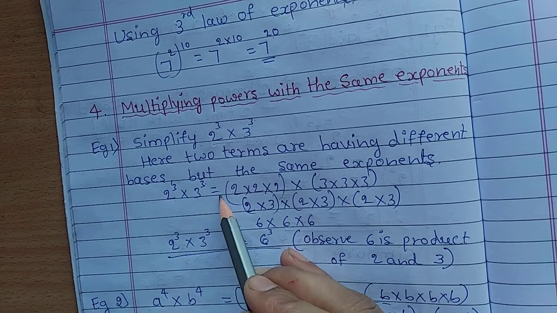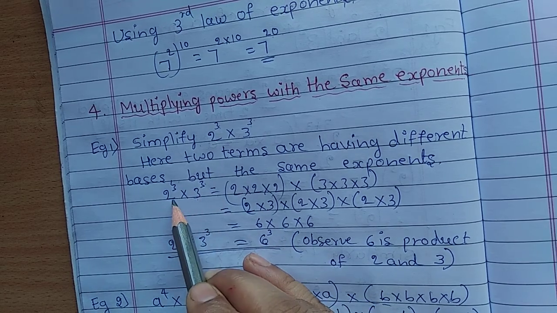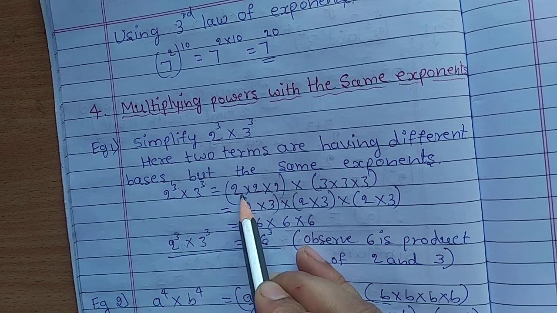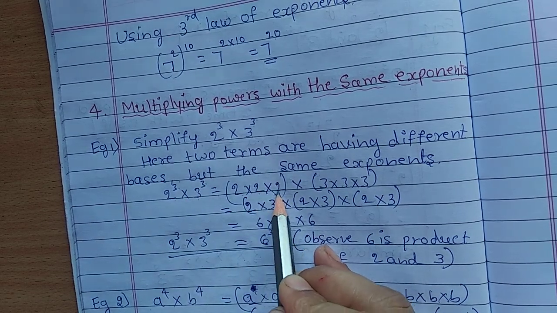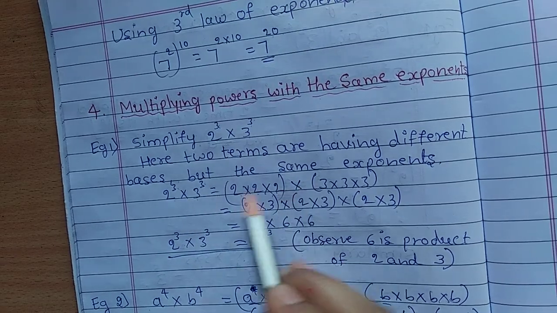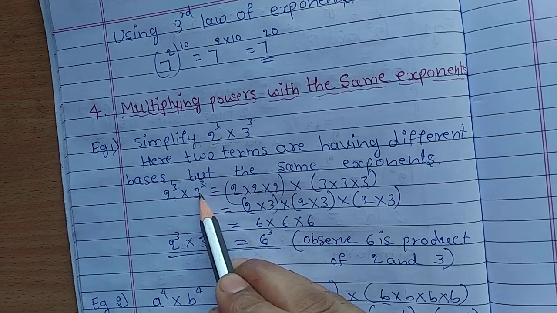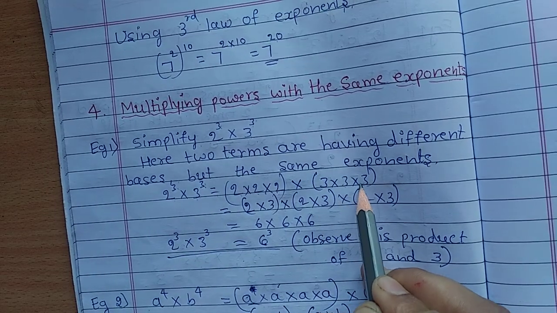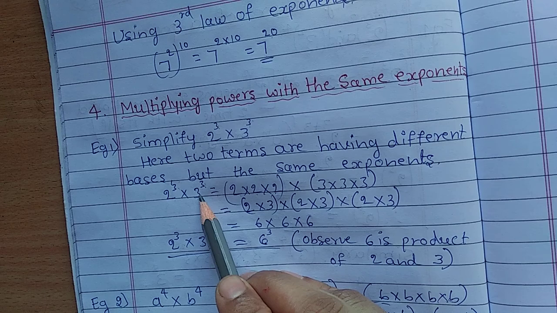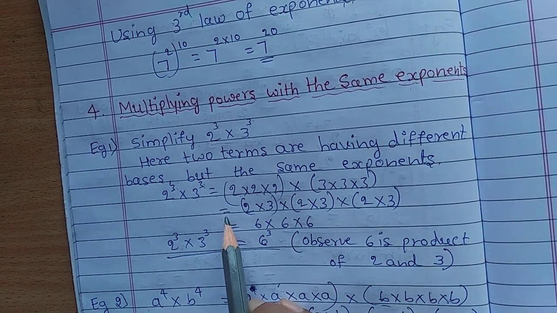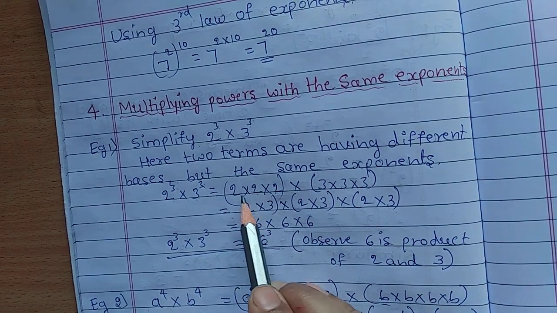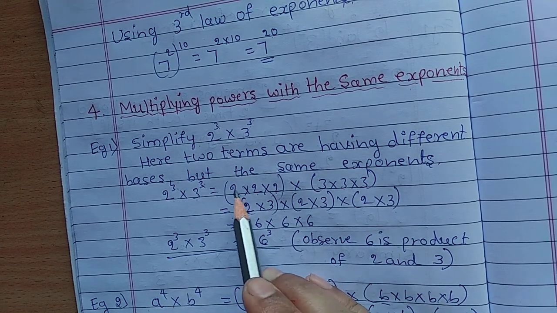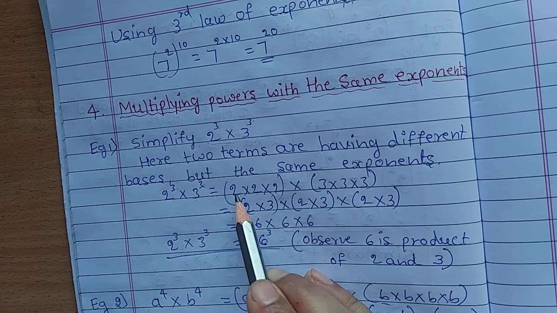2 cube into 3 cube is equal to, we have to expand this exponential form. 2 cube we can expand as 2 into 2 into 2, into, you write as it is, 3 cube. How can we expand 3 cube? 3 cube we can write as 3 into 3 into 3. 3 is multiplied 3 times with itself. Since here is multiplication, we can rearrange this.